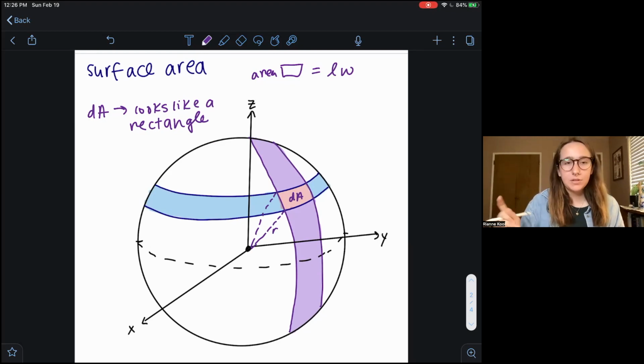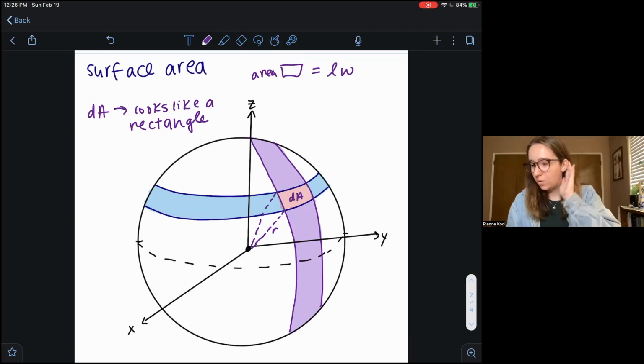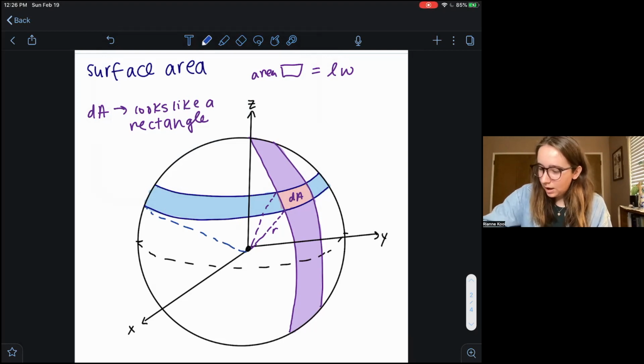Cool. So now let's look at our next coordinates, which are theta and phi. I drew these slices to represent our change in our variables. So let's start with theta. I'm going to draw some dotted lines from the blue section, like that and like that.